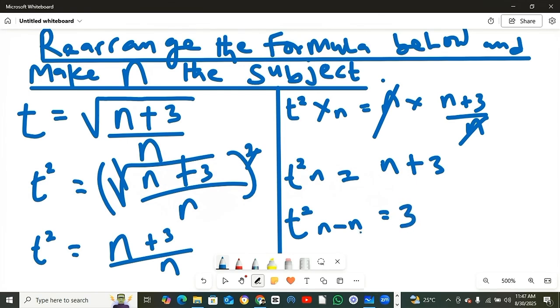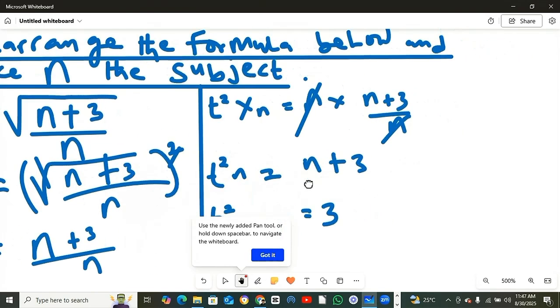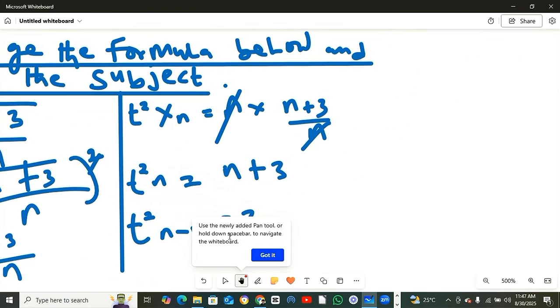So we can see that on both sides there's n: t squared n, and on the other side there's n. So the best thing to do at this point is to factorize, so as to pull out one of the n out of this place. So we're going to factorize right now. Let's move this onto the other side.